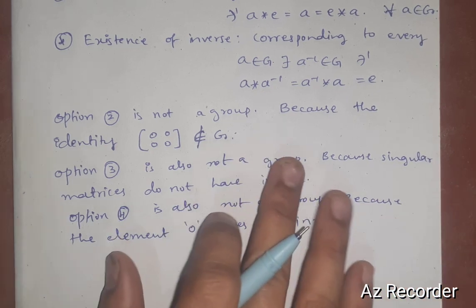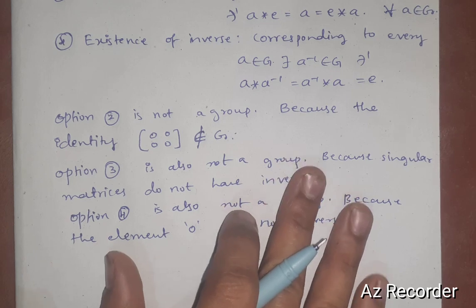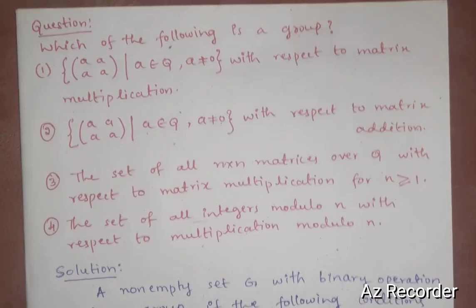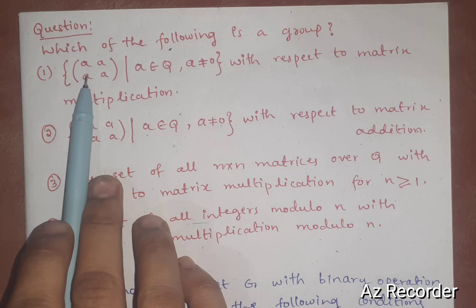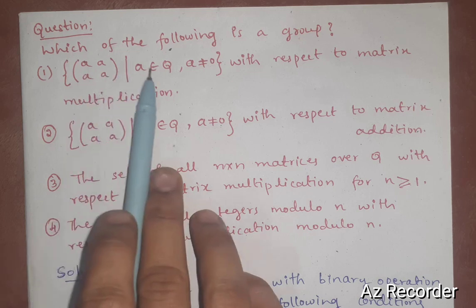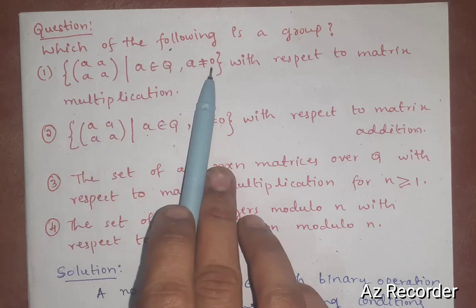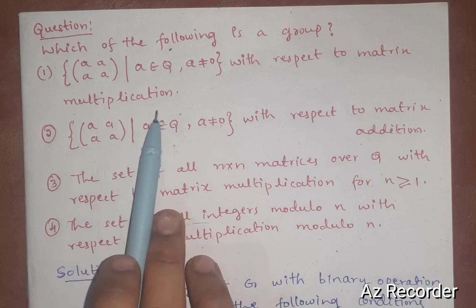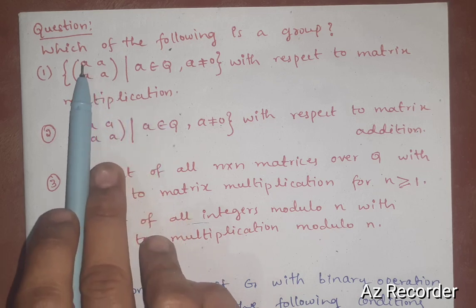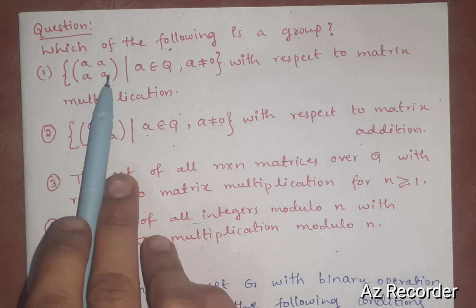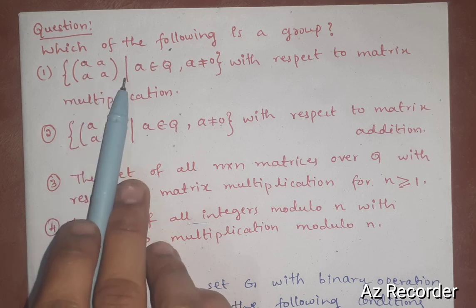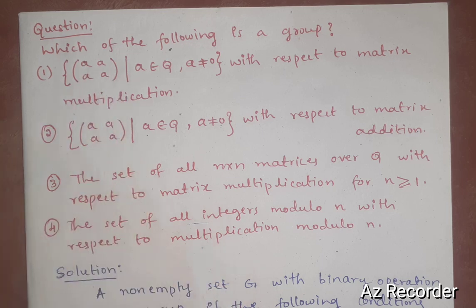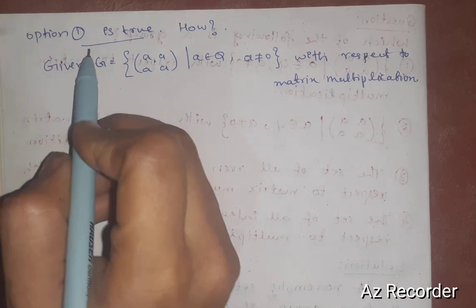Therefore the remaining option is option number 1, that is the set of all matrices of the form [a a; a a], where a is rational and a not equal to 0, with respect to matrix multiplication. It is a group. Even though it seems to be a singular matrix, it is a group. So how? We will see. So option 1 is true.